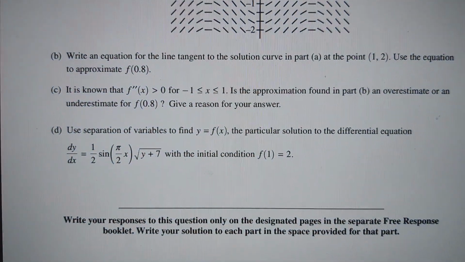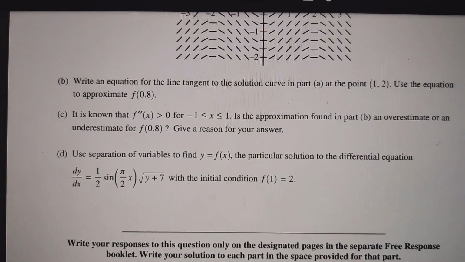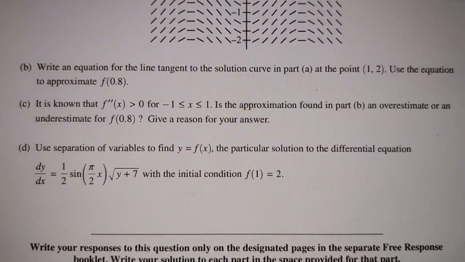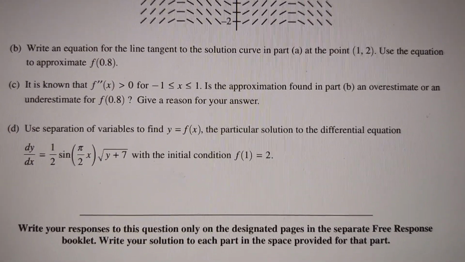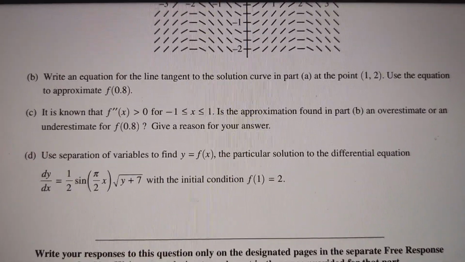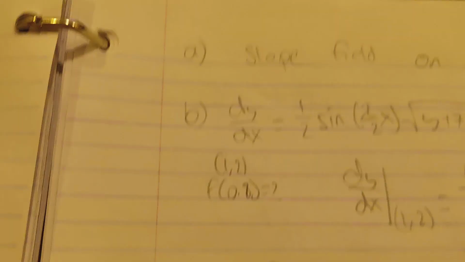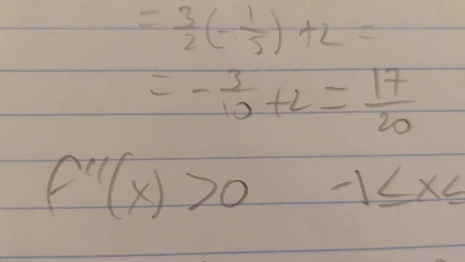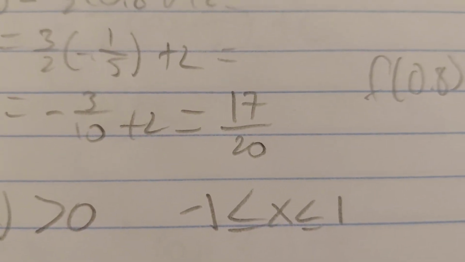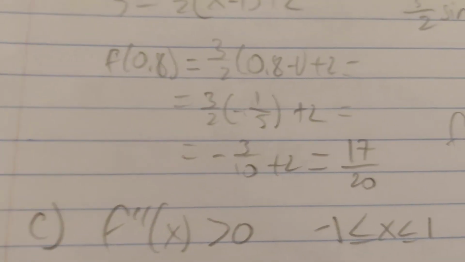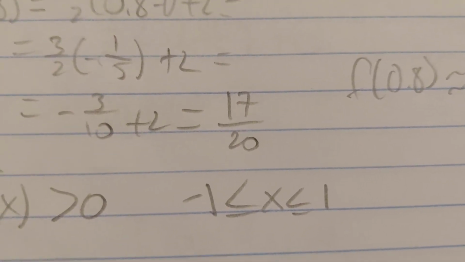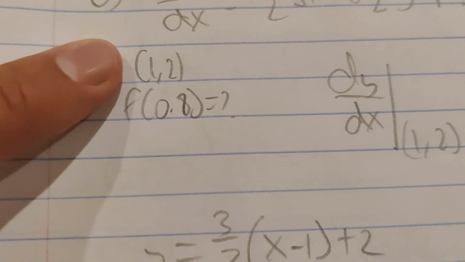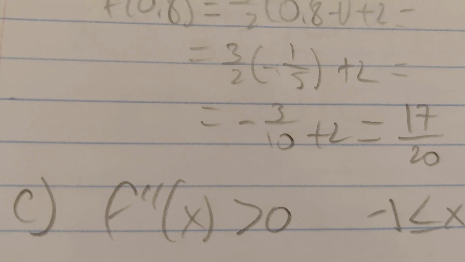So it is known that f''(x) is greater than 0 for −1 < x < 1. Is the approximation found in part B an overestimate or an underestimate for f(0.8)? Give a reason for your answer. So we're given that f''(x) is greater than 0 on the interval −1 < x < 1. Our tangent line is within the interval where f''(x) is greater than 0.